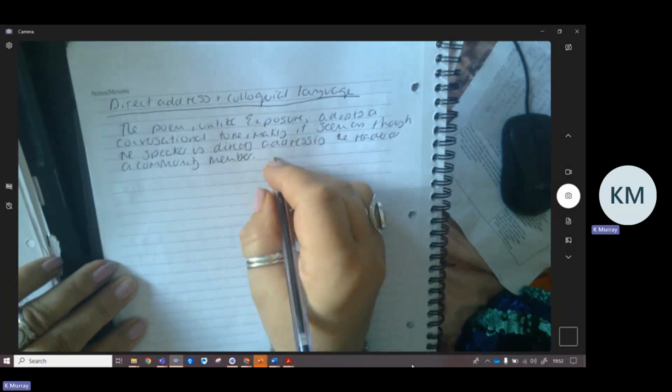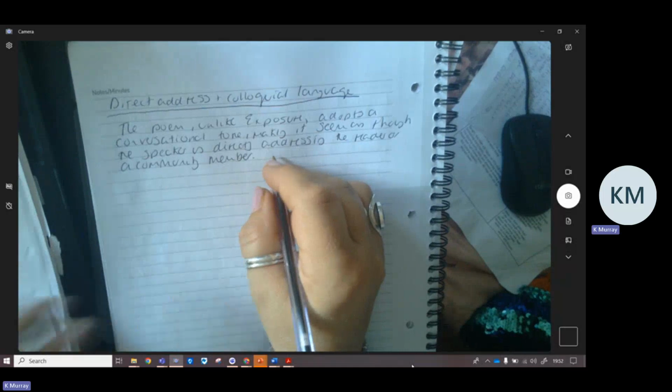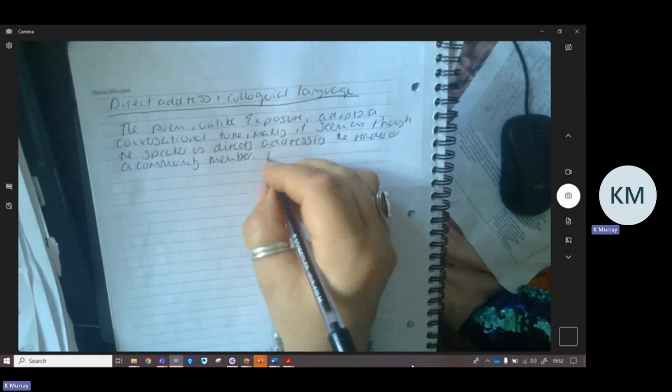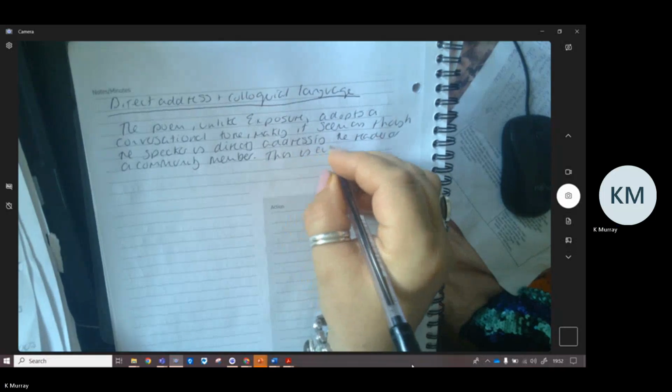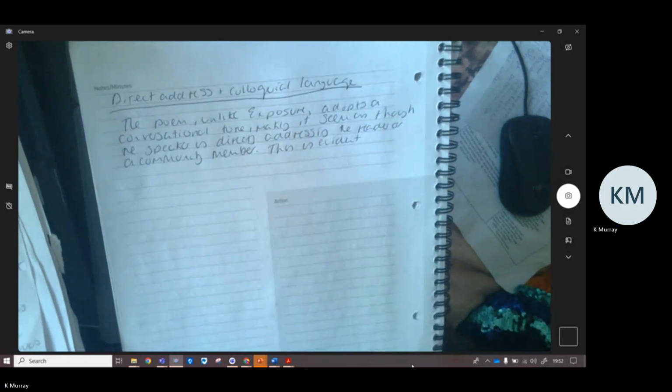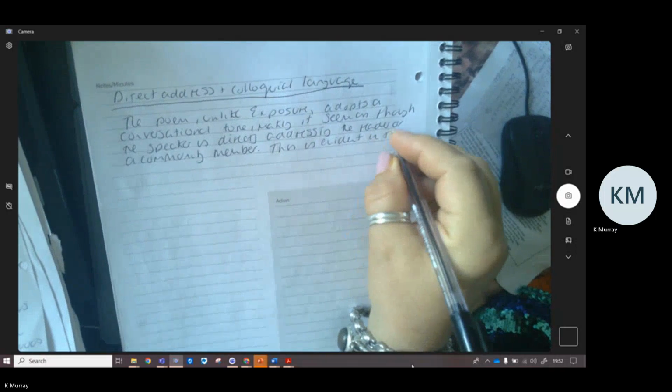That's who he's talking to. It could be us, the reader, or it could be to one of the islanders. This is evident in the opening line.